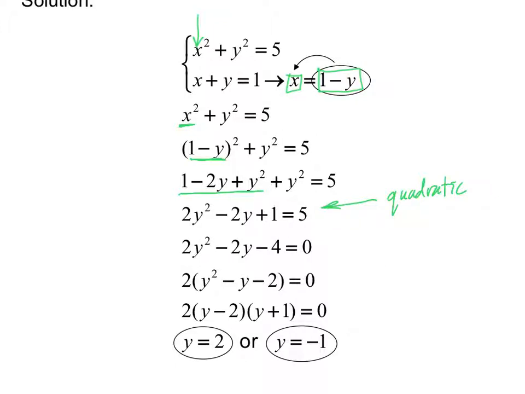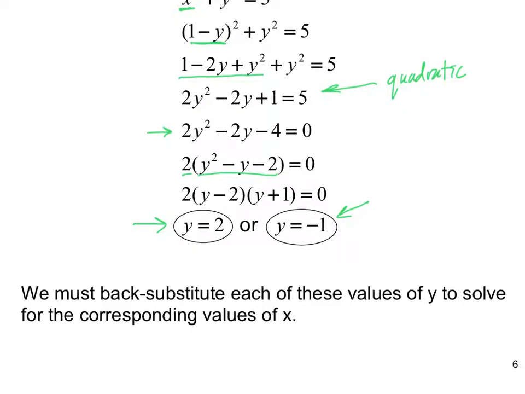So we get all the terms on one side, and notice that there's a common factor of 2 here, so you could either pull the 2 out or you could divide through by 2, but either way, when I factor this polynomial, I get y minus 2 and y minus 1. So I end up getting 2 values for y, which is okay. It just means that I'm going to have to take each value for y and find the x that goes with it.